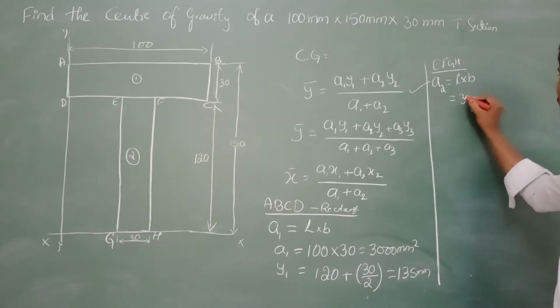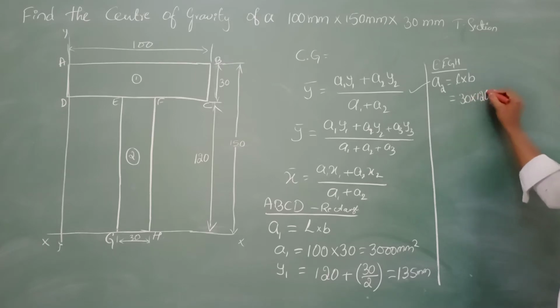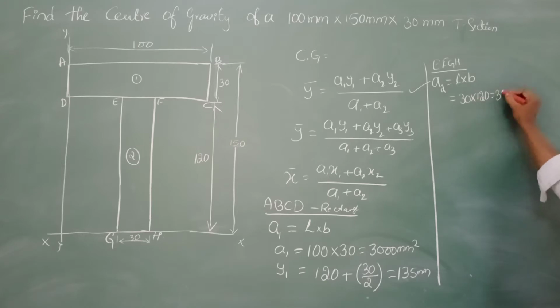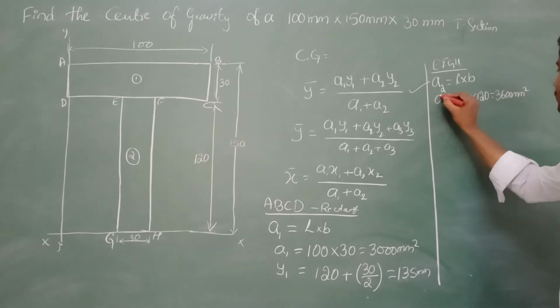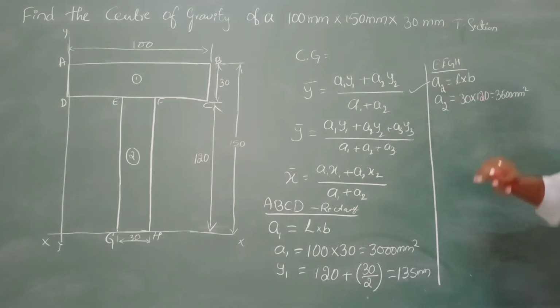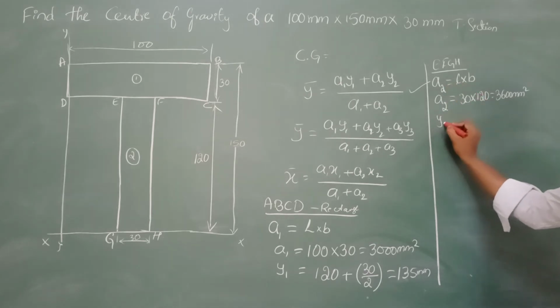So 30 into 120 is 3600 mm square. This is the value of A2. Next, we need to find the value of Y2.